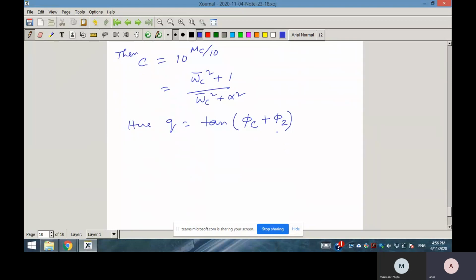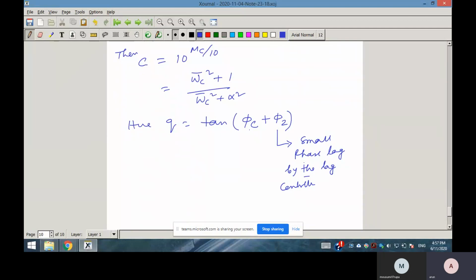So this is the small phase lag by the lag controller. That's why I want actually phase lead of phi C, but I have to calculate for more, so as to nullify the additional phase lag provided by the lag controller.